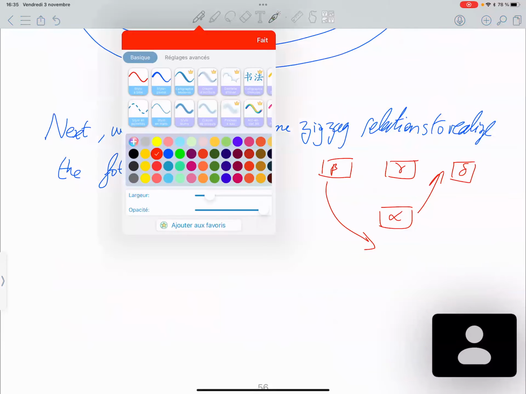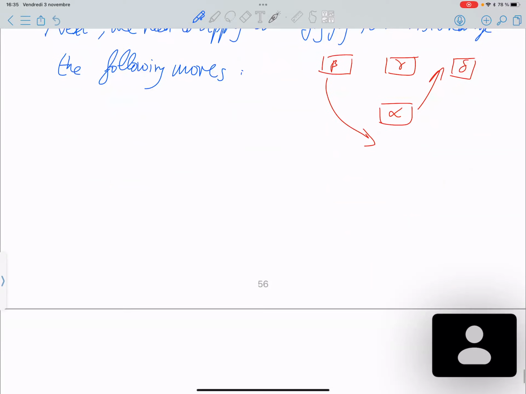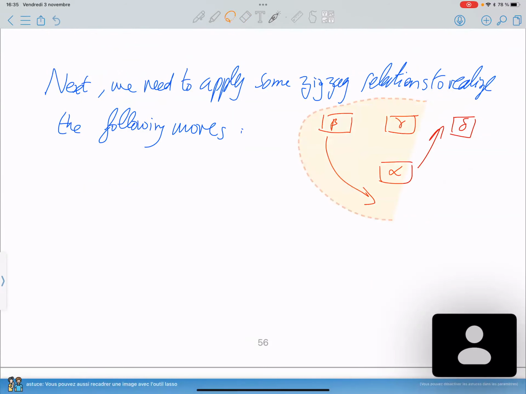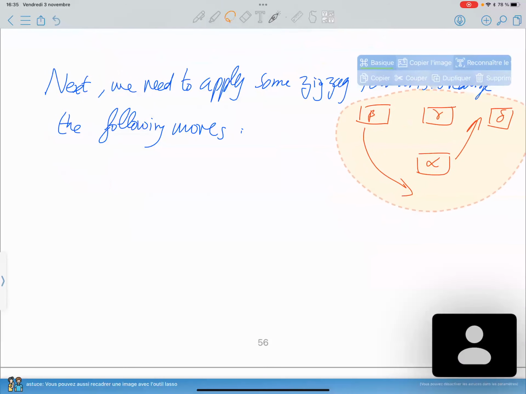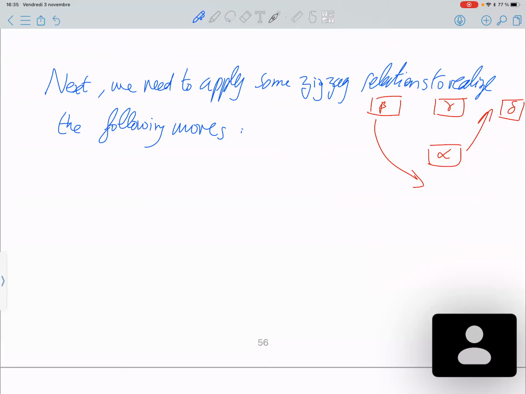So after this move, we have alpha. So can I draw it in this small space? If I move that as much as possible. Okay, I will try.